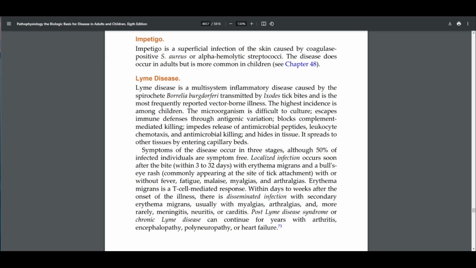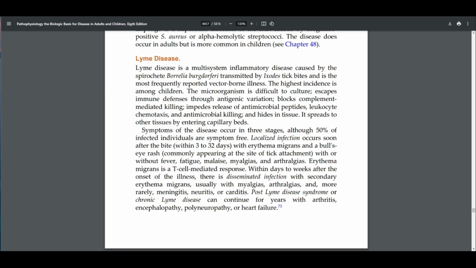The microorganism is difficult to culture, escapes immune defenses through antigenic variation, blocks complement-mediated killing, impedes release of antimicrobial peptides, leukocyte chemotaxis, and antimicrobial killing, and hides in tissue. It spreads to other tissue by entering capillary beds.